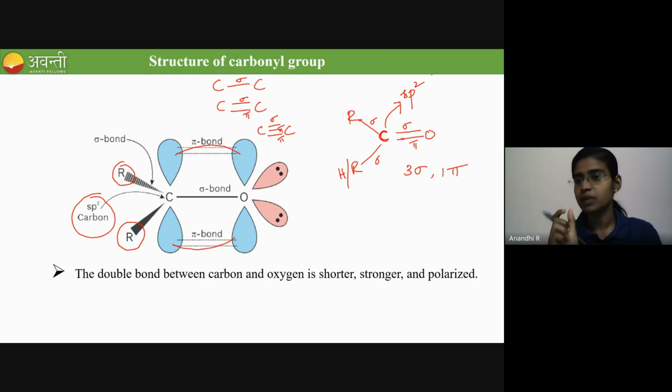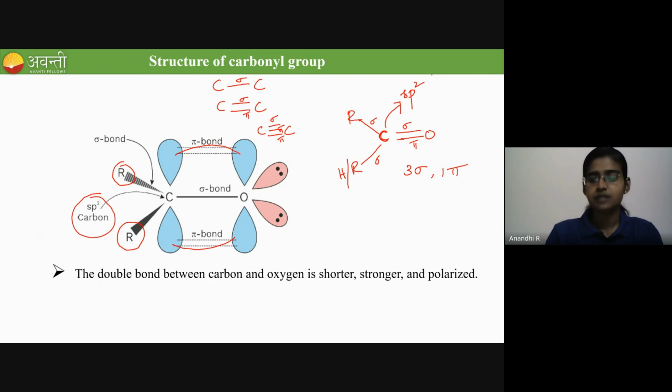Since it is a double bond, the length will be very small, so it is shorter. Bond length and bond strength are inversely proportional, no? So the bond is very strong.